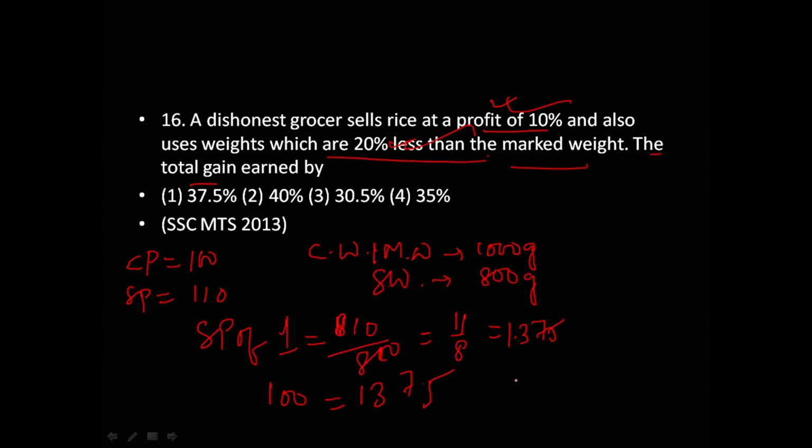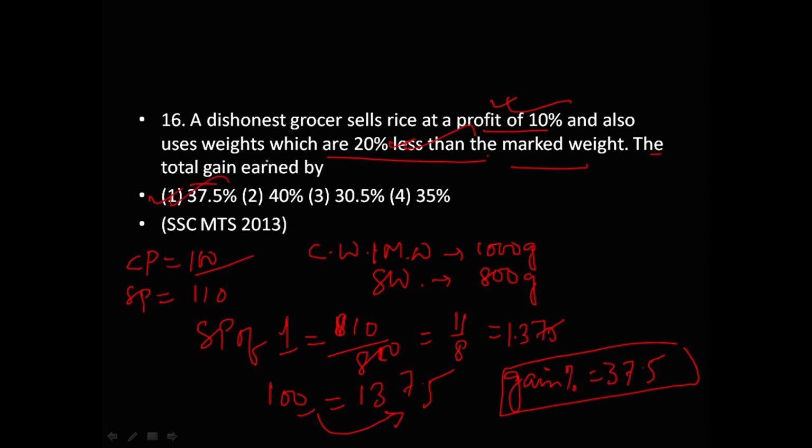Then the gain percentage is 37.5. So when CP is 100, he is selling it at 137.5. So the gain is 137.5 minus 100 equals 37.5. That is the gain percentage. Clear? So 16 is option 1.